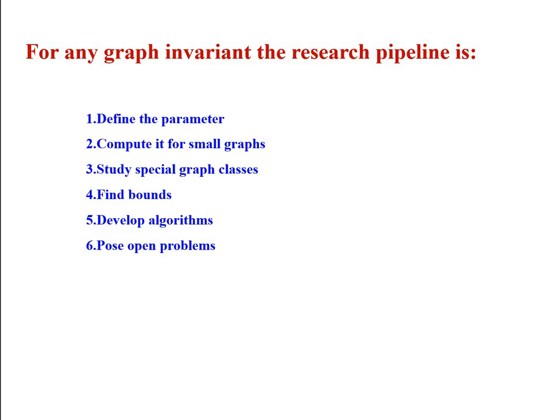Then you will know where you find the pattern and what is the difficulty that you found. So that could be posed as an open problem, because it may be true for certain cases, it may not be true for certain other cases. So in that case it becomes an open problem.